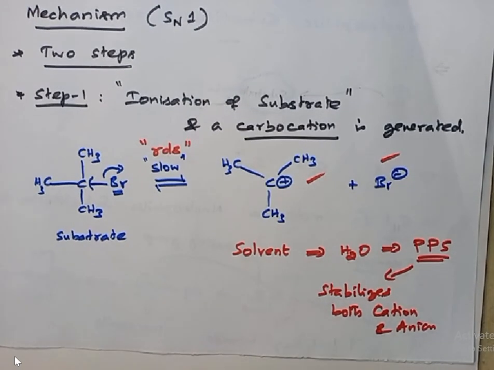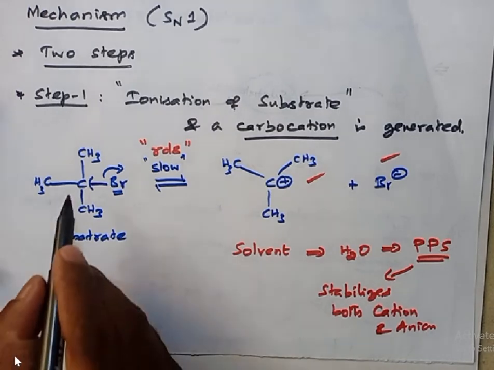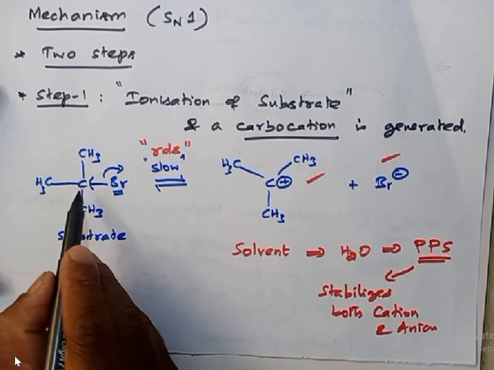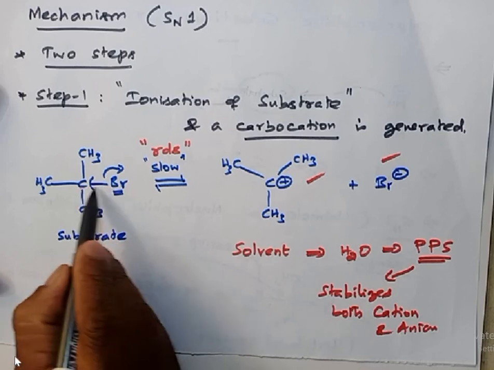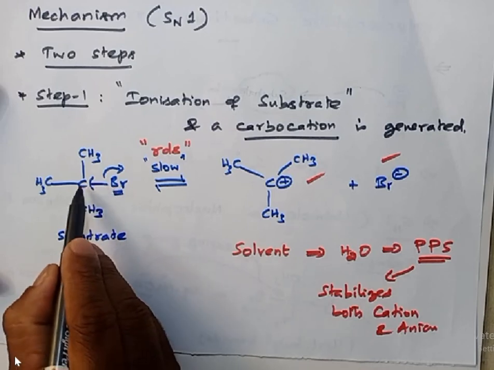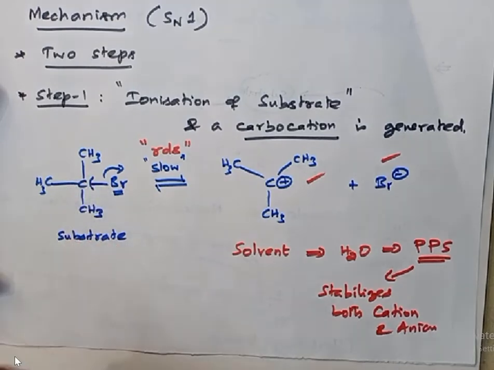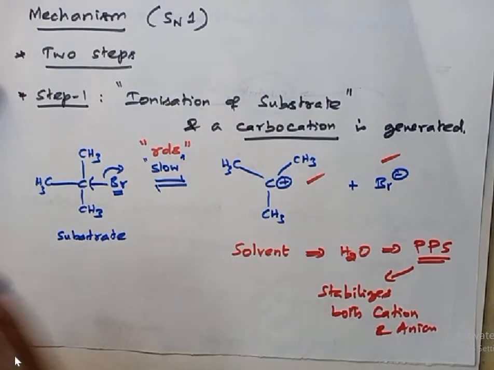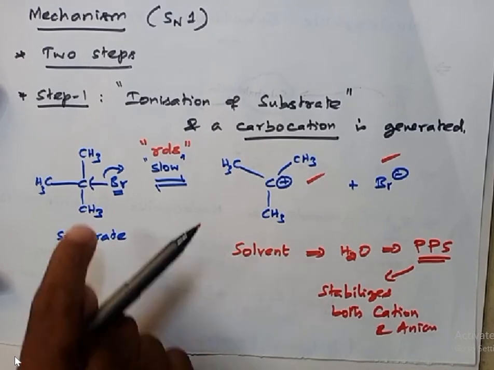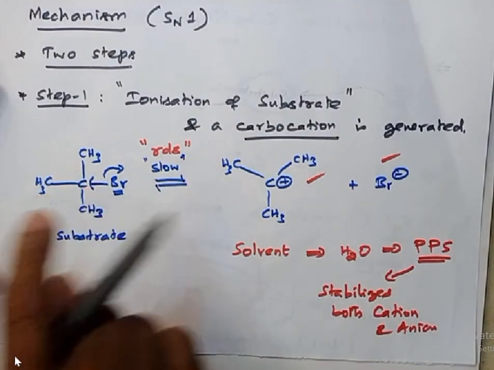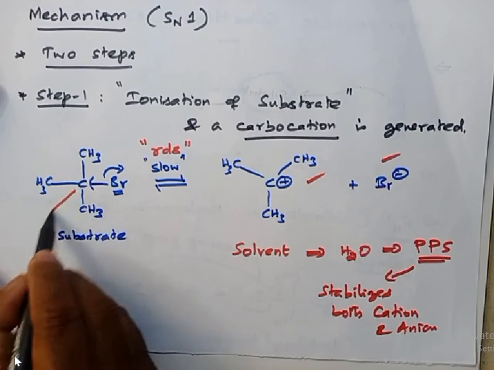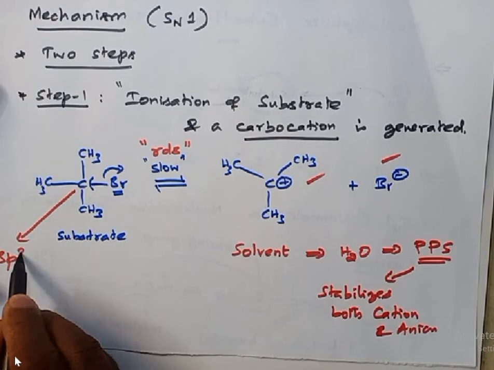Before going further, let me give one more piece of information here. In the substrate molecule, the carbon that contains the leaving group, that is the bromine atom, is connected with 4 sigma bonds. You know very well, single bonds are usually sigma bonds. Therefore all these 4 bonds are single sigma bonds, so this carbon should have sp3 hybridization.